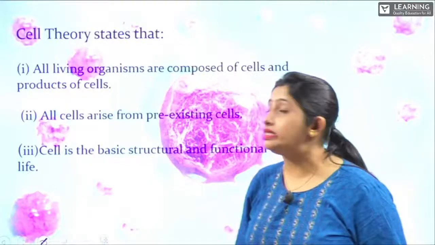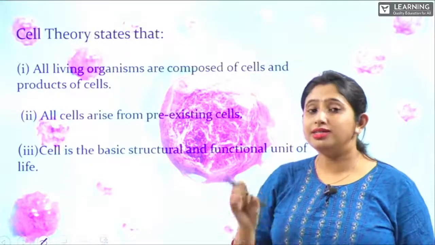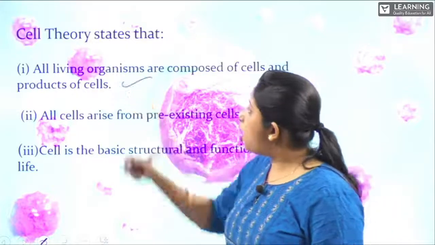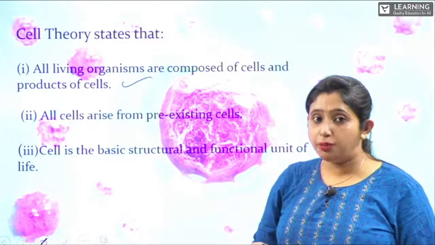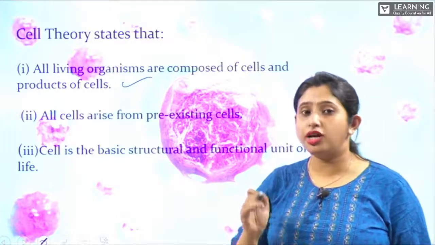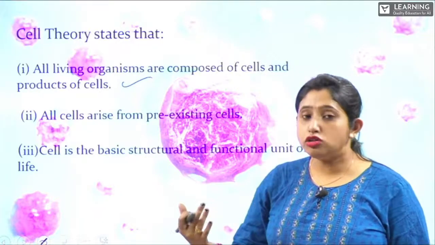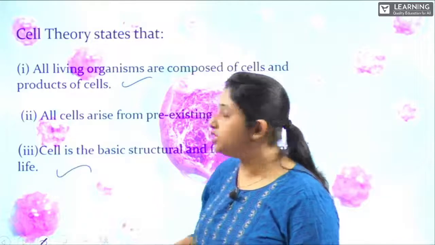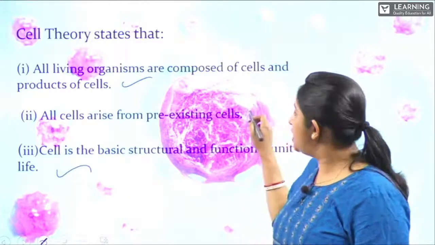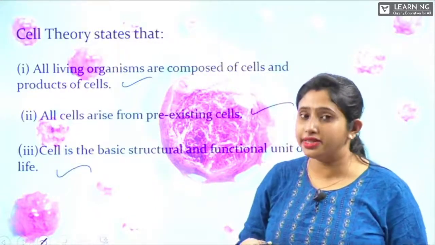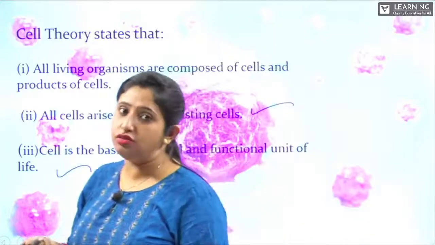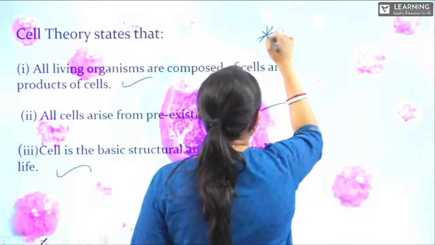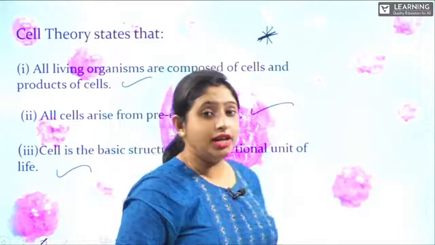Next, let's see what this cell theory states. This cell theory states that all living organisms are made up of cells and the products of cells. And also you know that the cell is the basic structural and functional unit of life, and cells arise from the pre-existing cell, that is omnis cellula e cellula. This is very, very important, the cell theory.